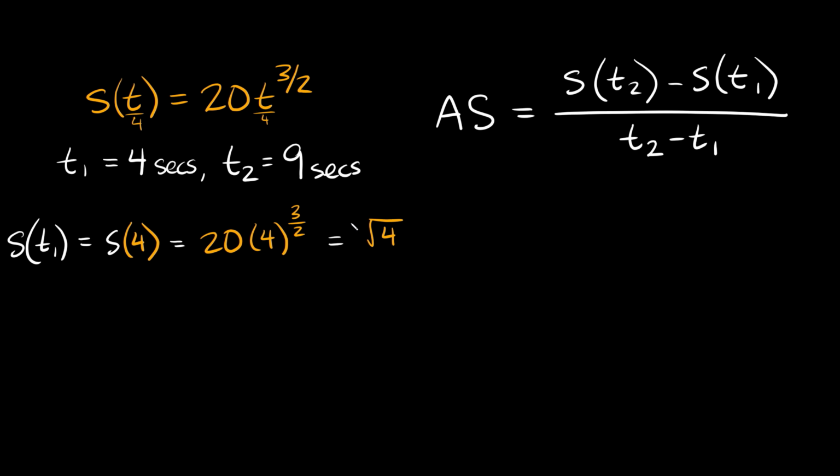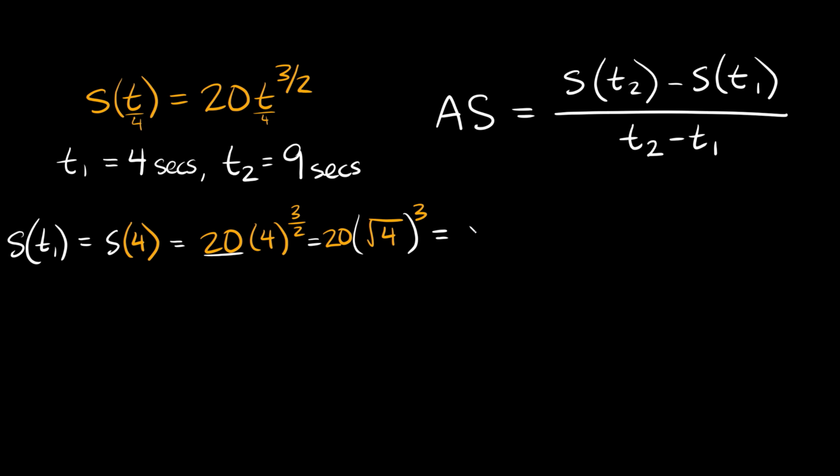Now, we're going to put that in parentheses. And what happened with the number in the numerator? Well, that stays out here as just a regular exponent. So there's still just this 3 out here. And sorry, let me move this equal sign over a little bit. As you can see, I forgot the 20, so let's put that 20 right there. So we have 20 times the square root of 4 cubed.